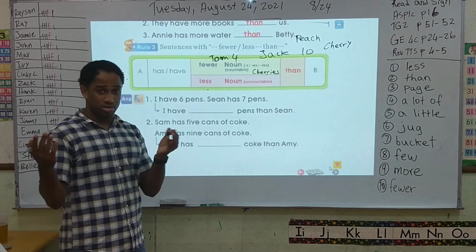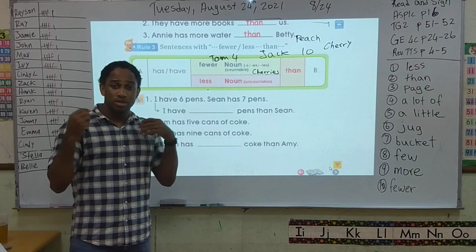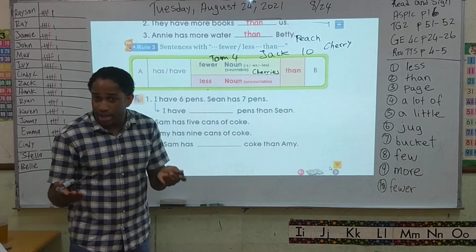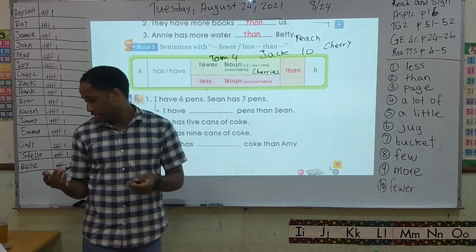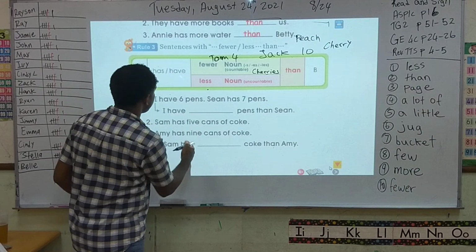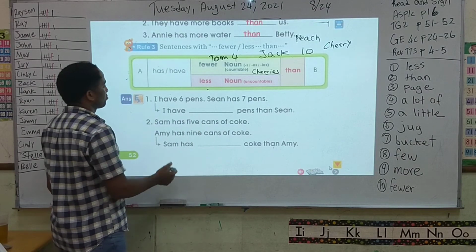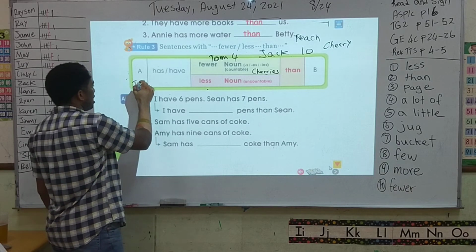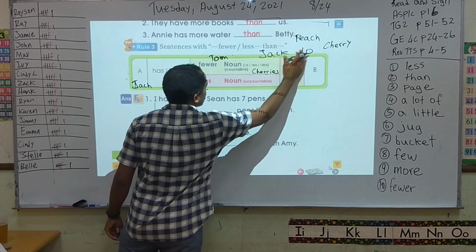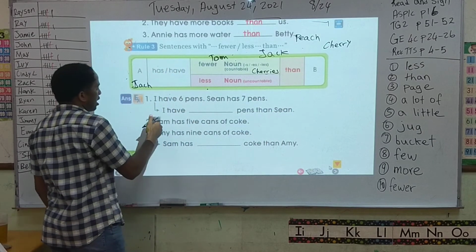For example, water, milk, meat, bread, money, tea. There is no amount.